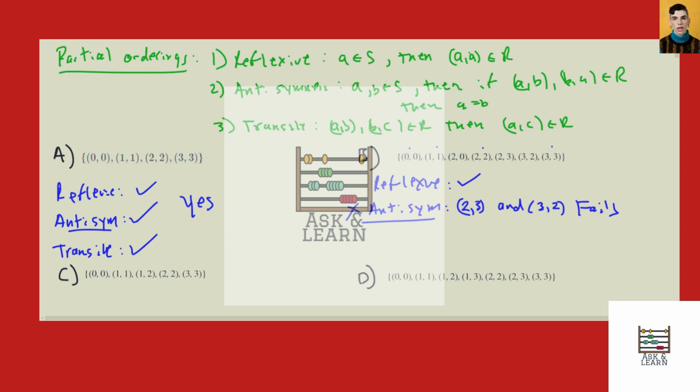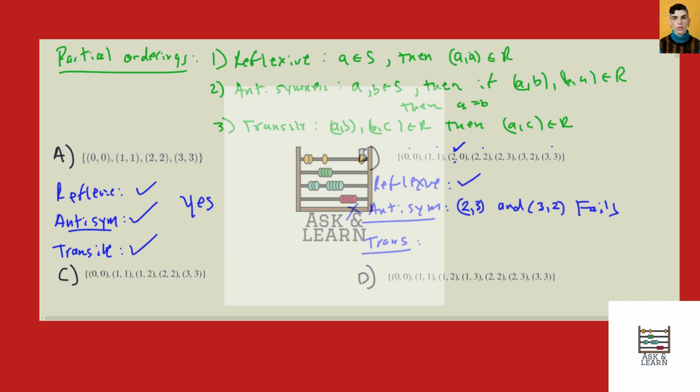And then let's just see if it's transitive or not. Okay, so we don't need to check (0, 0), (1, 1), (2, 2), and (3, 3). Those are good, so we just need to check the other ones. So when we have (2, 0), there's only one value that this gets taken to, (0, 0), and then (2, 0) is in there, so this one checks for transitivity. What about (2, 3)?